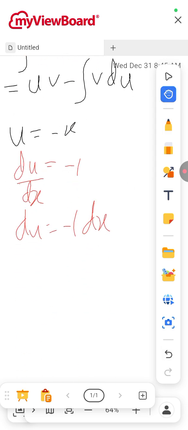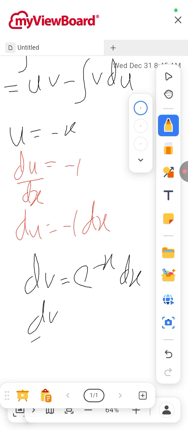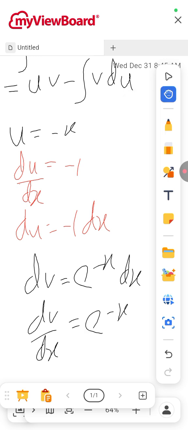Okay, so let's do that now. So dv is equal to e raised power minus x dx. If I divide both sides by dx, that means dv dx is equal to e raised power minus x.